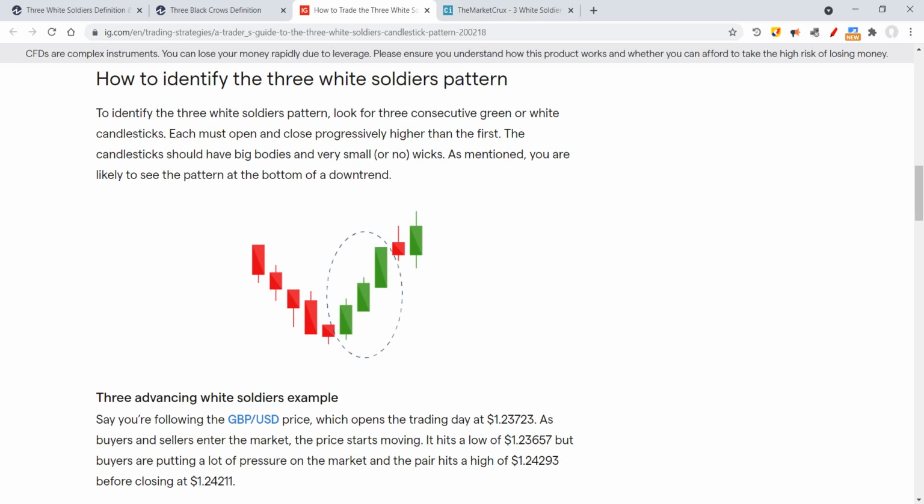So something like this, where the opening price of each candle is higher than the previous candle's, and if you see, the closing is also higher than the previous candle's. Always remember that we should not have any long wicks on any of these candles. These should be proper bullish body candles, and then we qualify a stock to take a long entry.